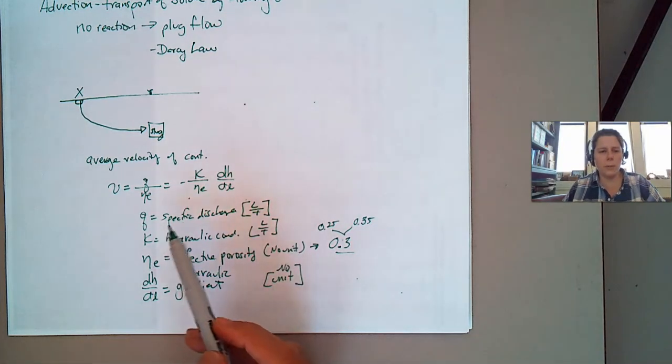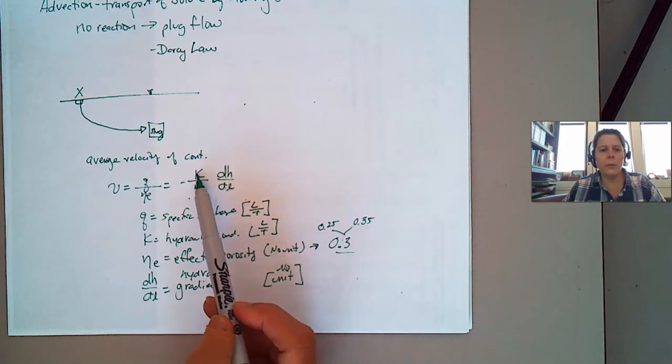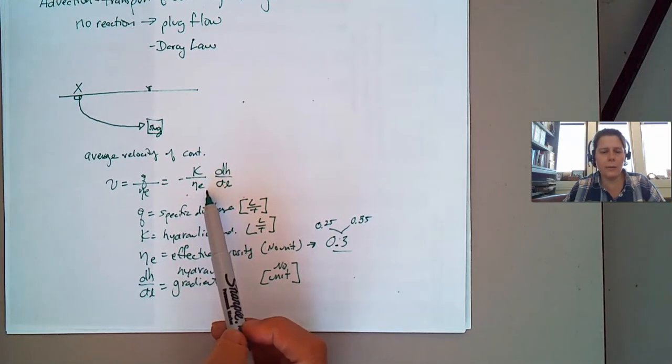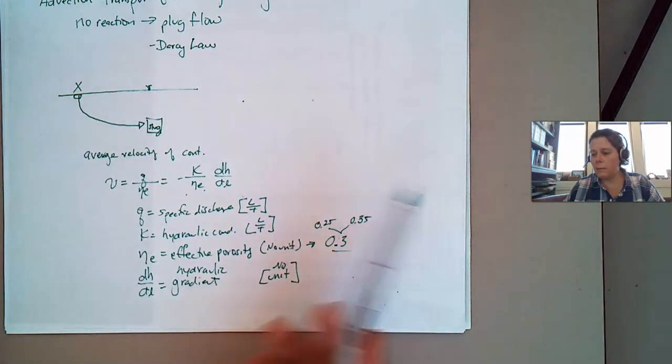So if you know the gradient, the change in height over the change in length, and you know the hydraulic conductivity, you can estimate the velocity of this moving through.